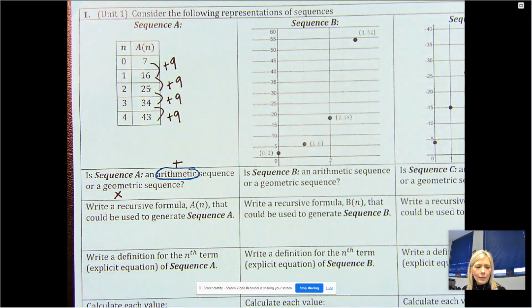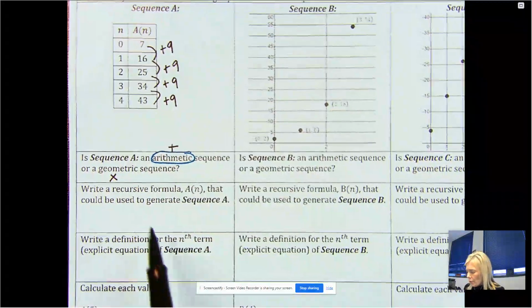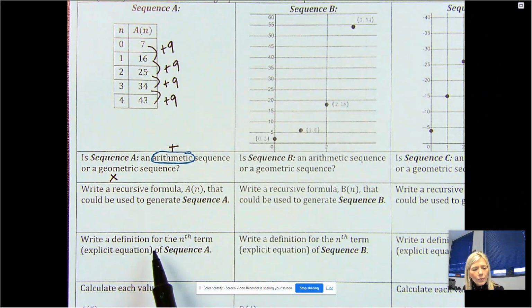Then we have two different equations or formulas, function rules I should say, for this. One is in what's called recursive form, and the other is called explicit form, or writing a definition for the nth term. Recursive form has two parts.